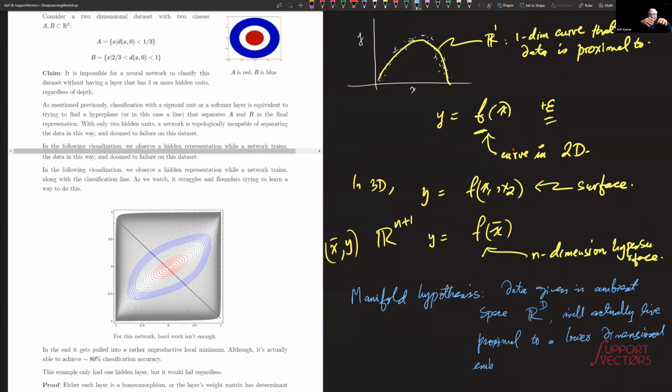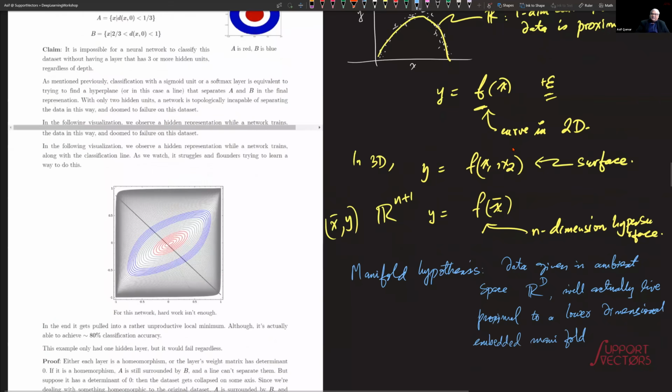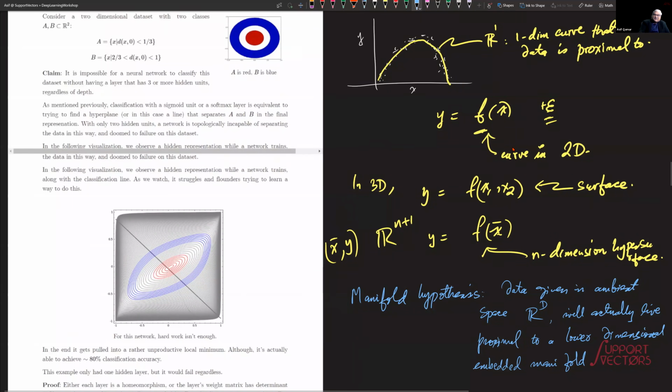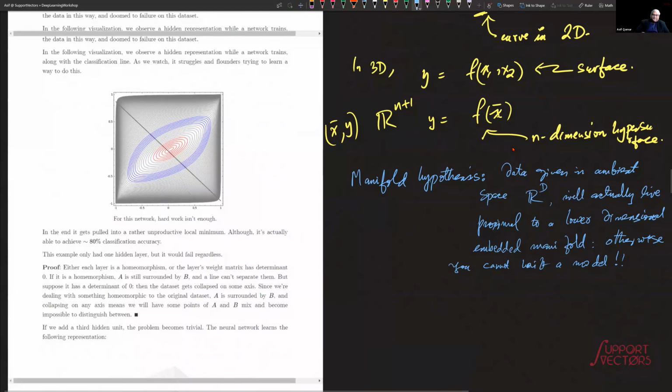Embedded means this line, this curve is sitting inside that higher dimensional space. Manifold is just your hypersurface. Otherwise, you cannot build a model. So this is the manifold hypothesis.